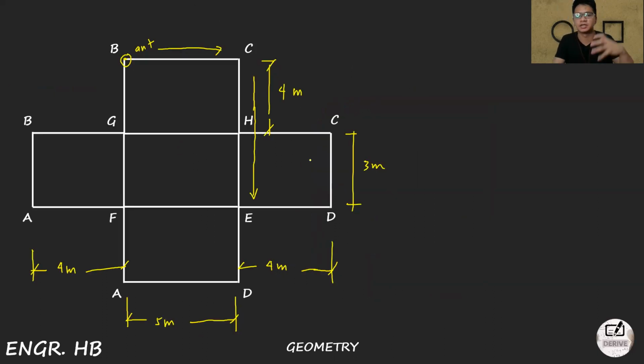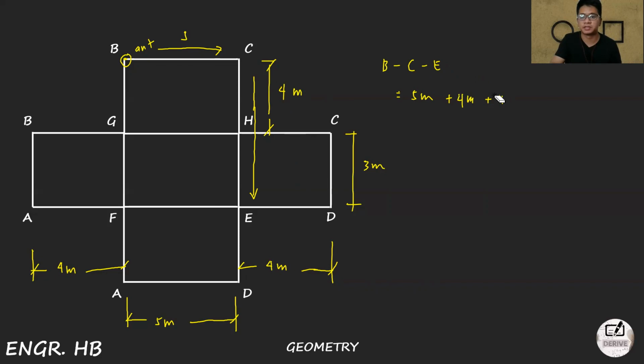So pagplasin natin siya, so kung dito, this is sabihin natin B to C to E, so that was 5 meters. So B to C is 5 meters, C to H is 4, and H to E is 3 meters. So that was 5 plus 3 meters plus 4 meters. O para hindi tayo malito.